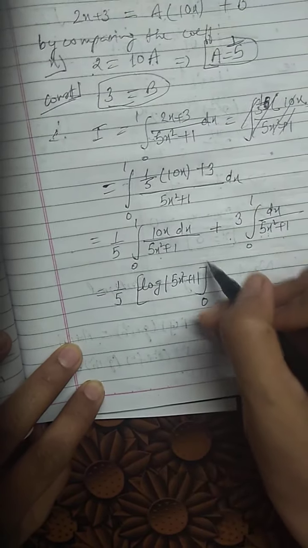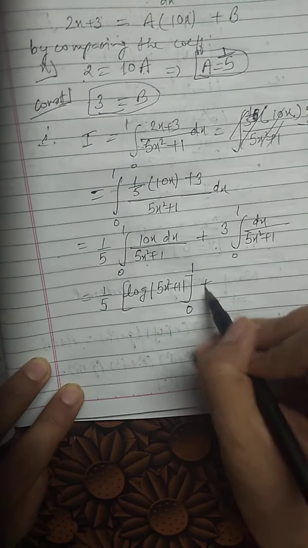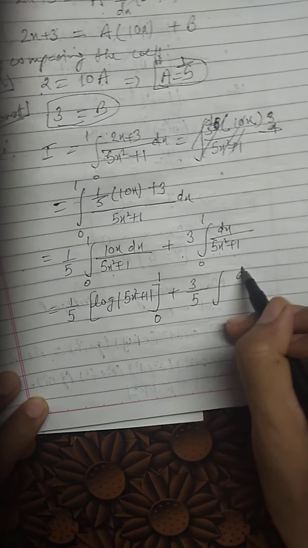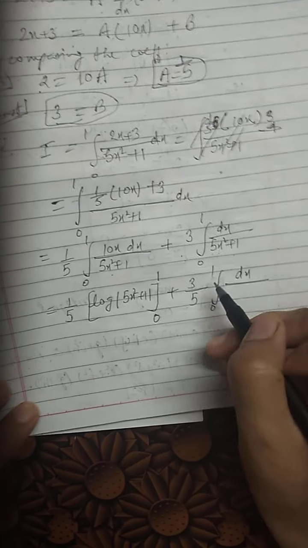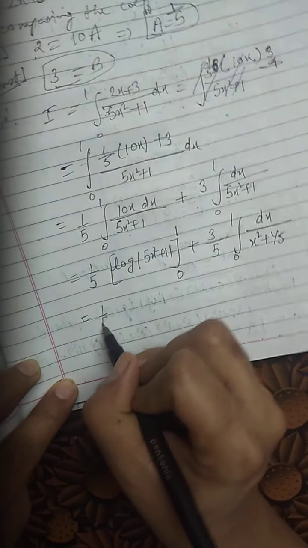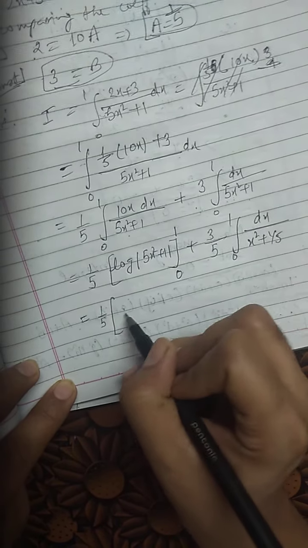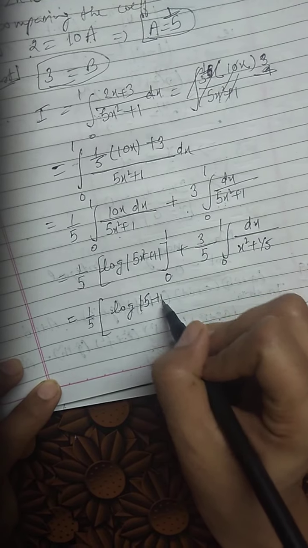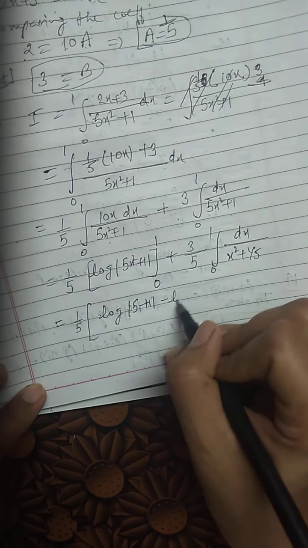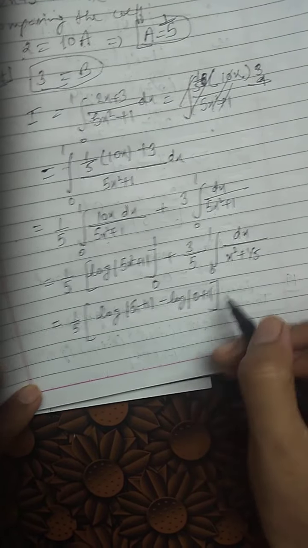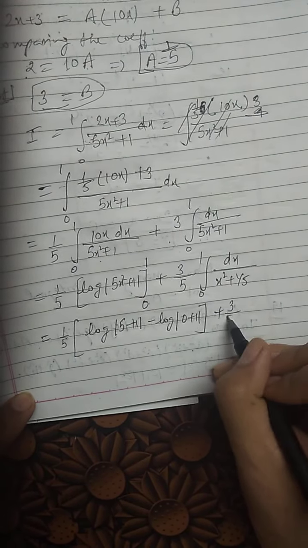We will apply the limit here 0 to 1, and for this, if I write 3 by 5 outside, let me show you one more step in this integral. It will become x² + 1 by 5. We will substitute the limit. It will be log of 5 + 1 minus log of 0 + 1, and this 3 by 5 will come as such.